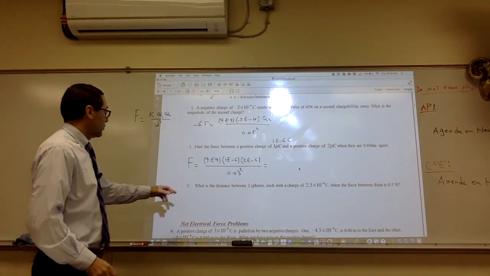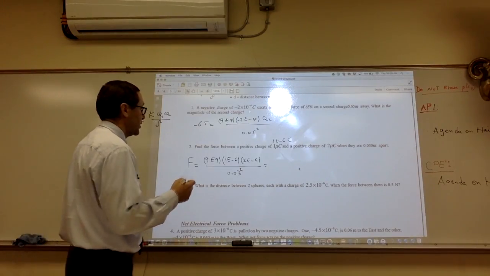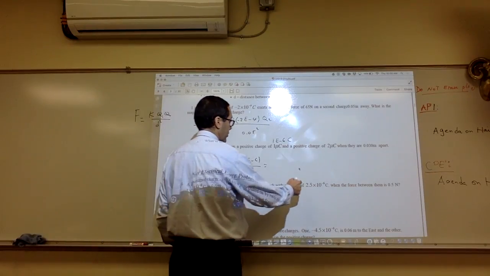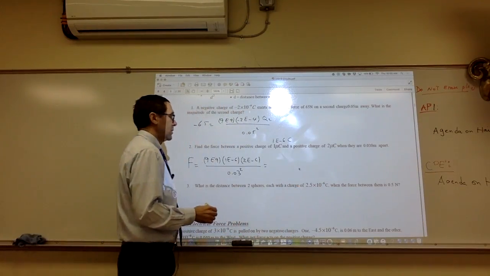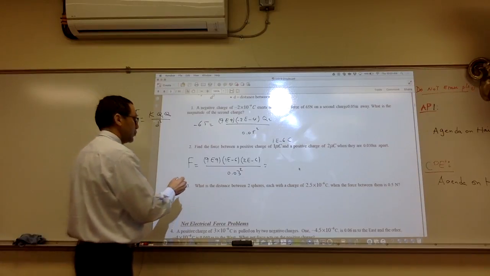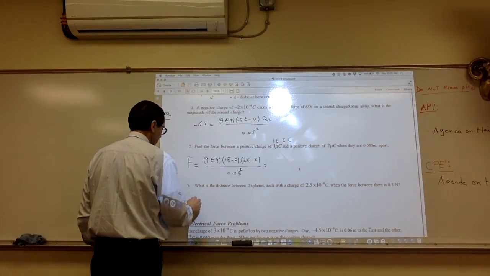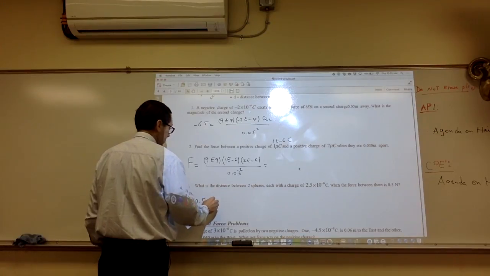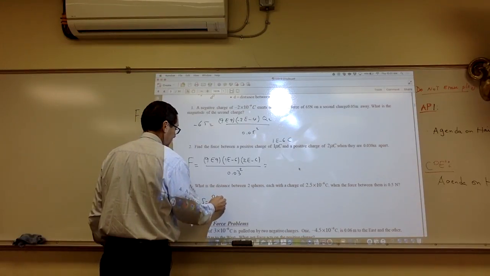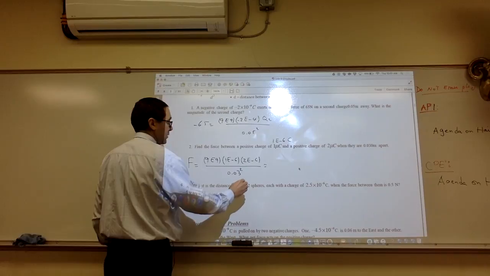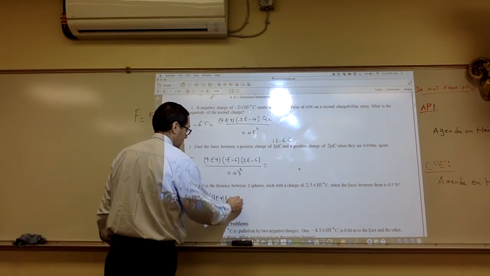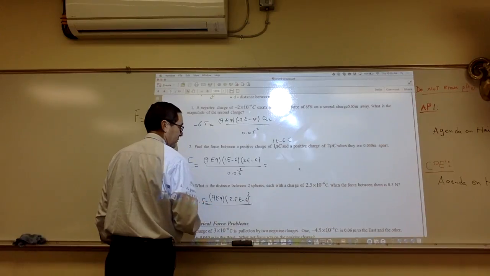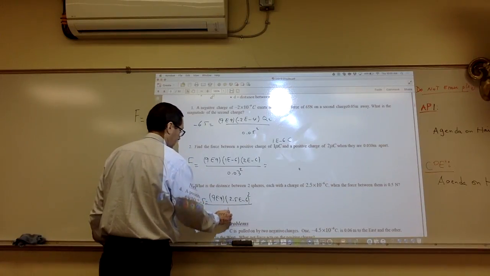Number 3, what is the distance between two spheres, each with a charge of 2.5 times 10 to the -6? So that's basically 2.5 microcoulombs, when the force between them is 0.5 newtons. So we're going to say 0.5 equals 9 times 10 to the 9. Now the charges are the same, so I'm just going to multiply them together, or just square one of them, divided by d squared.